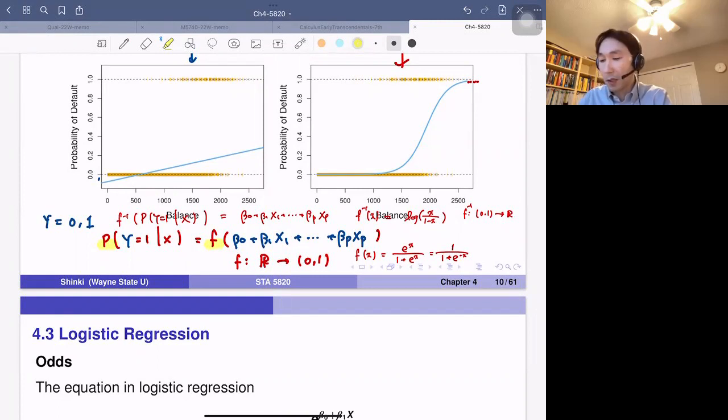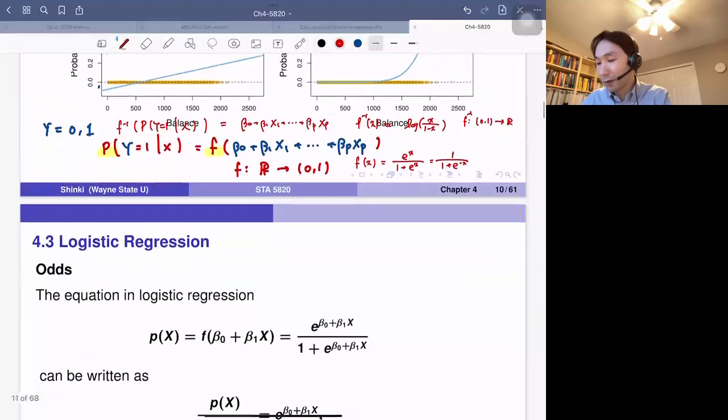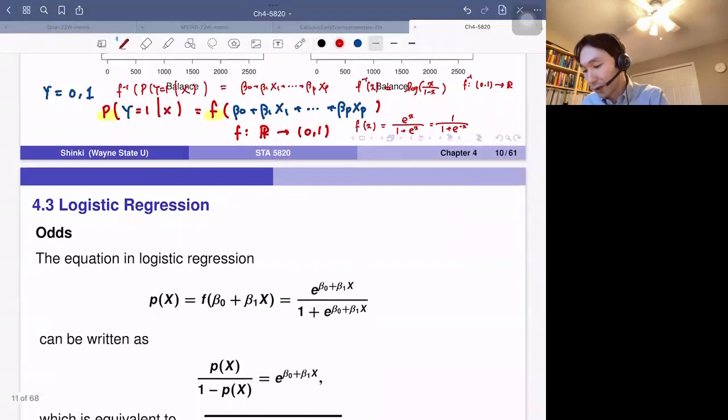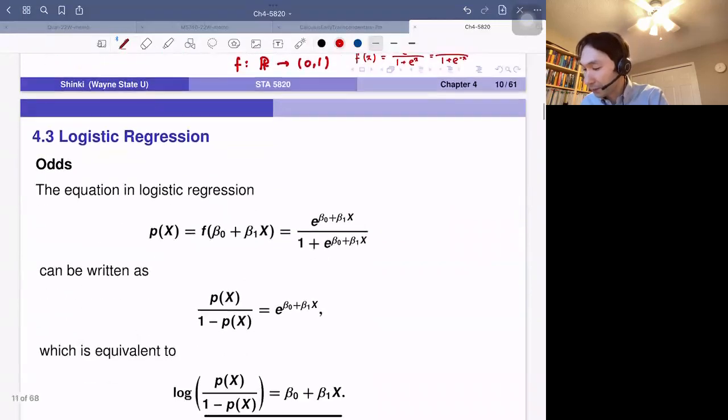If the expectation of y is equal to 0.6, for example, then since y is binary, y is equal to 1 with 60% probability and equal to 0 with 40% probability. So probability is expectation. Since we have already taken the expectation, we don't have an error term. So there is no error term, and we have a link function. That is the difference between logistic regression and linear regression.